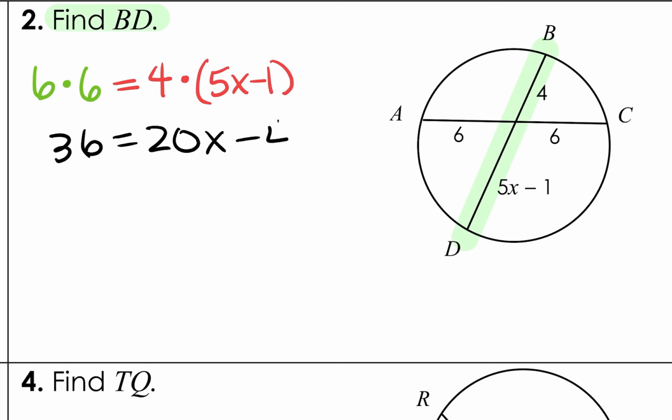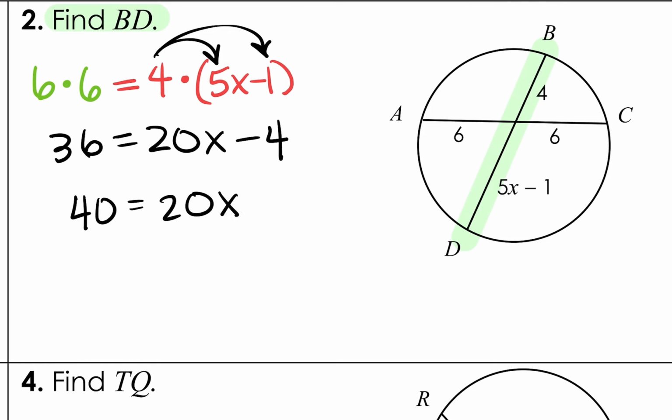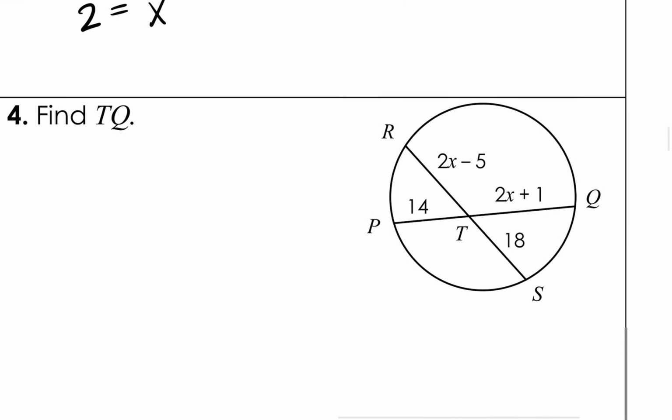Work that out there, and you get 36 equals 20x minus 4, because you have to distribute that 4 in, right? Adding 4 to both sides, you'll get that 40 is equal to 20x, and then dividing both sides by 20, x will give you 2.